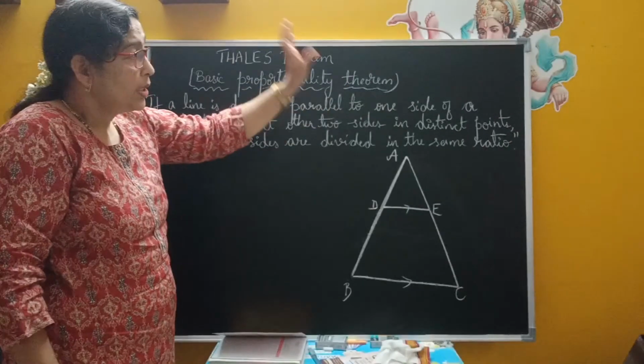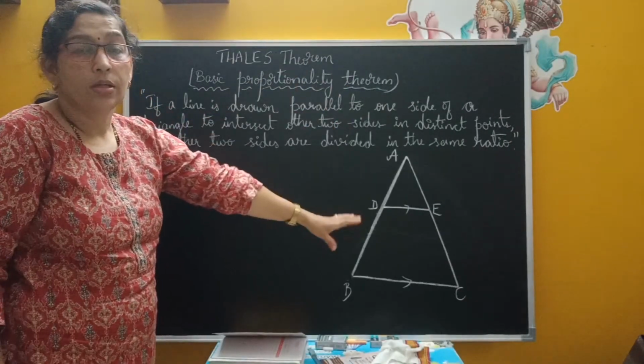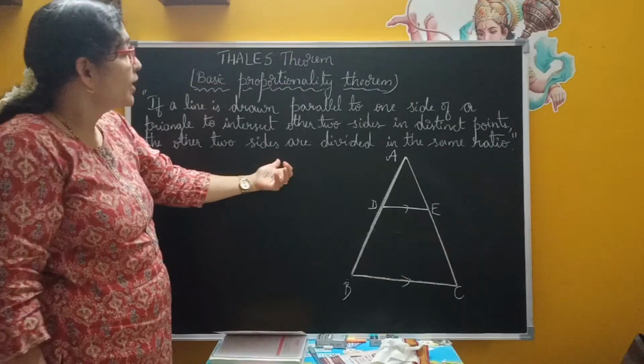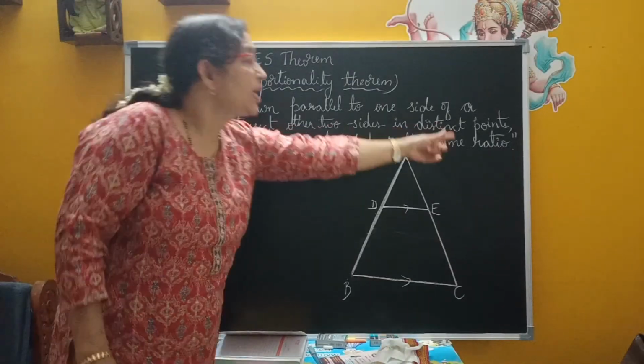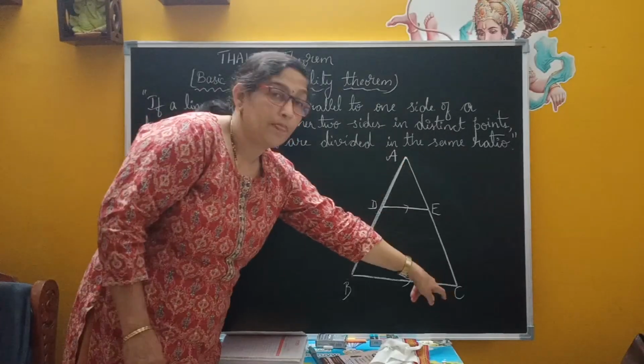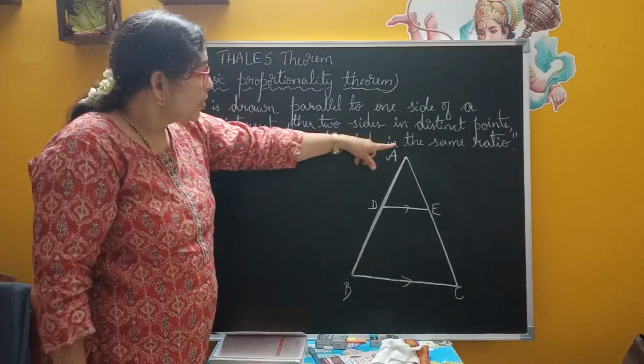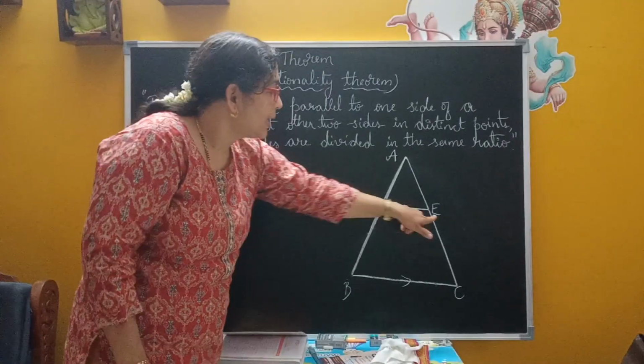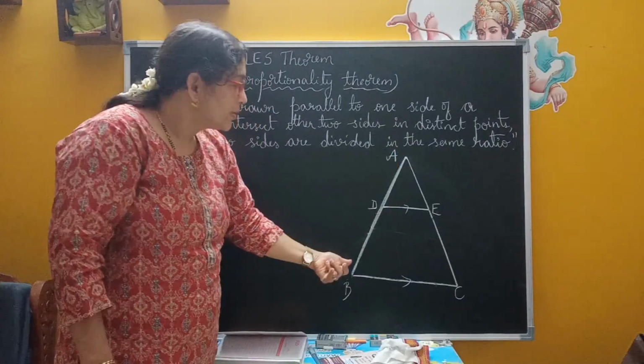If this is the condition, then the other two sides are divided in the same ratio. Which are the other two sides? AB and AC. These two points D and E divide them.